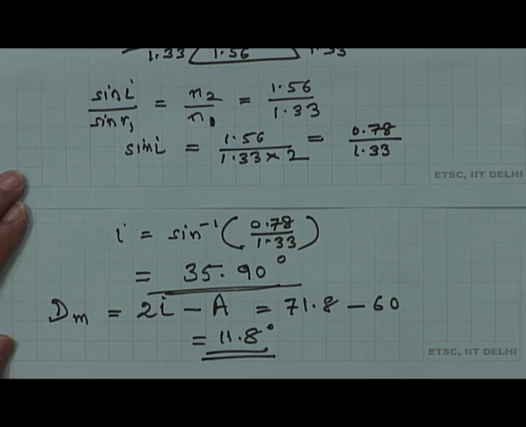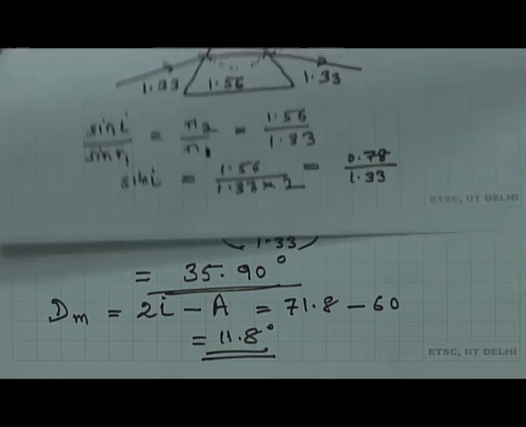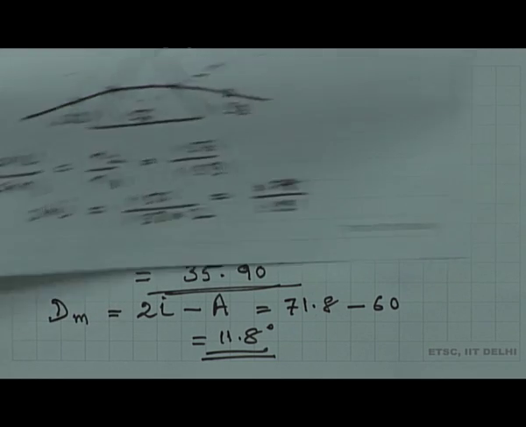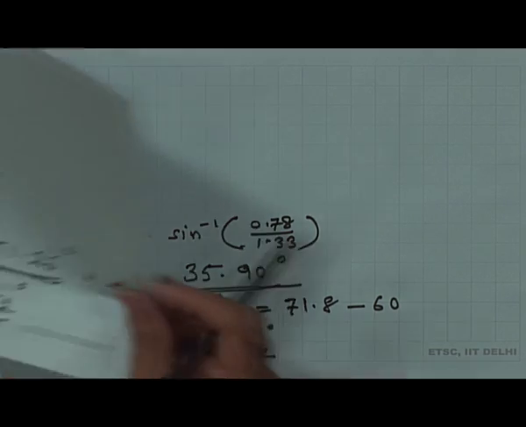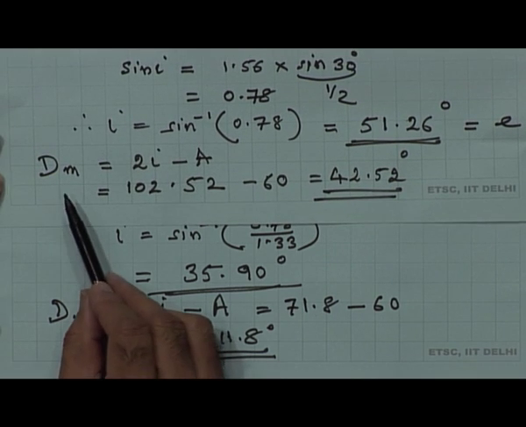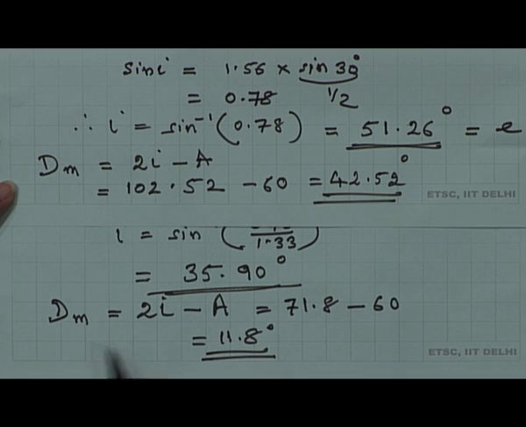Why I had calculated dm in the earlier case was because the dm value that we got earlier was 42.52 degree, but now the dm is 11.8 degrees.